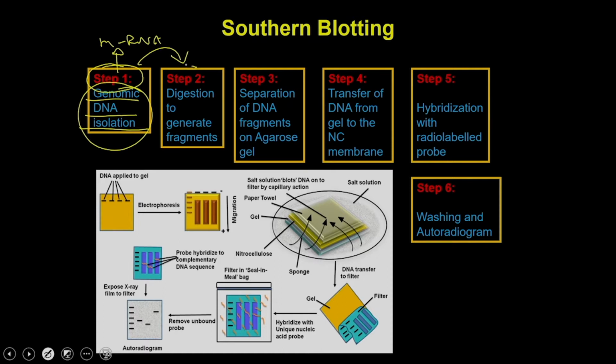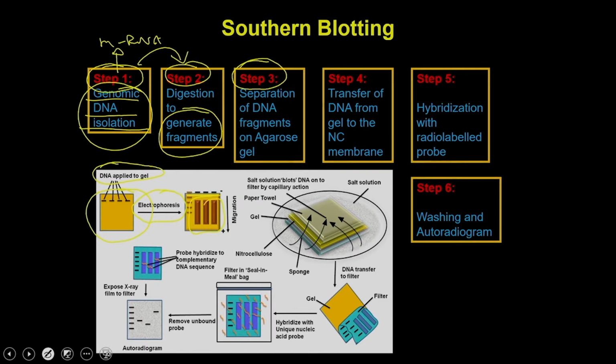So, in step 2 you do the fragmentation of the genomic DNA, and once you have done that, then in step 3 you are going to separate the DNA on agarose gel. You apply the DNA into the different wells, and then you do the electrophoresis, and that gives you the pattern of the DNA, and for this you simply use the simple agarose.